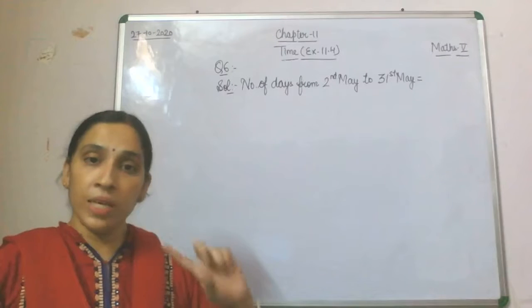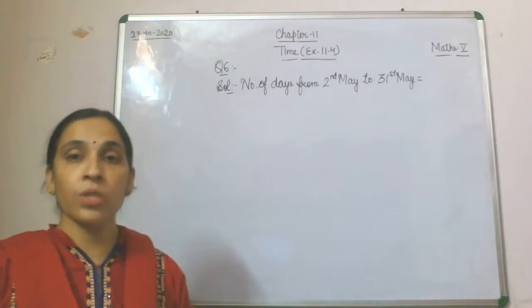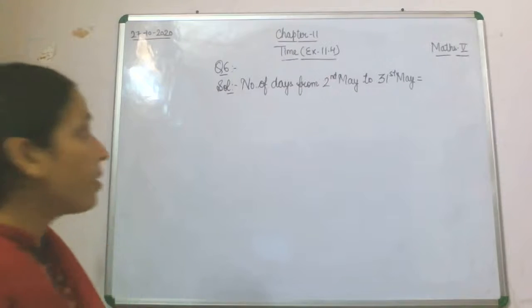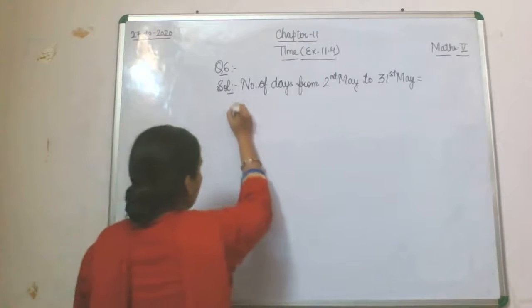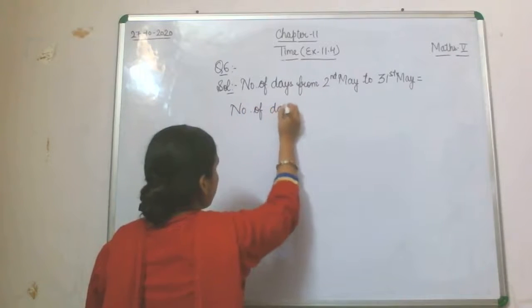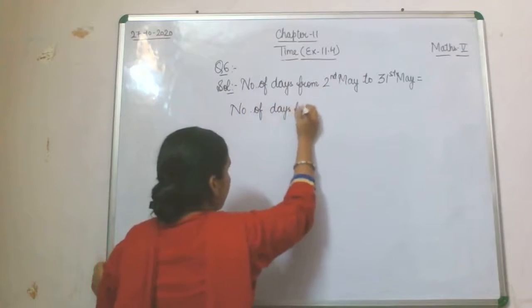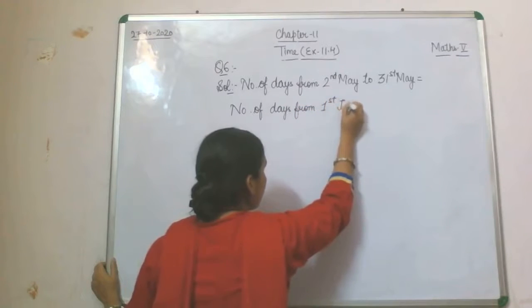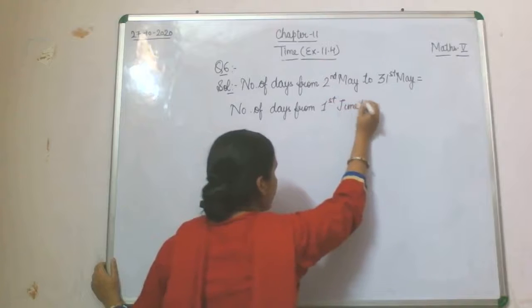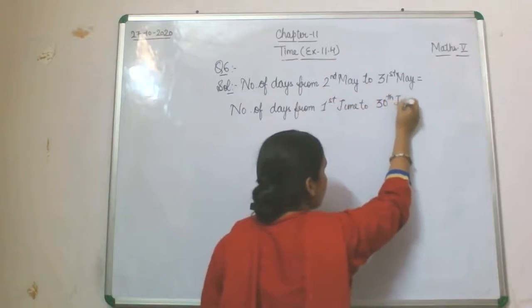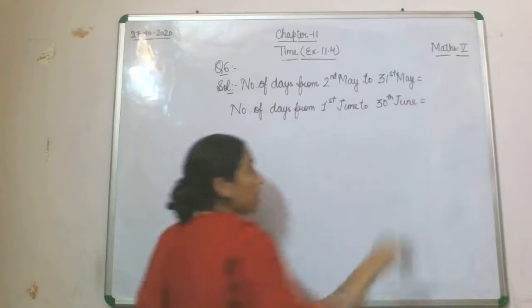So you are going to find the number of days in the month of May. After that, the whole of June: number of days from 1st June to 30th June. This whole month will be included because your school is going to reopen in the month of July.